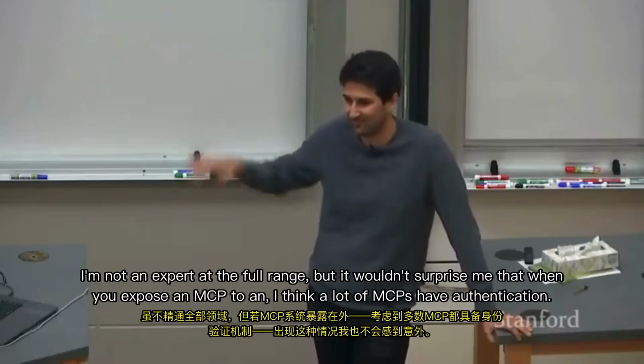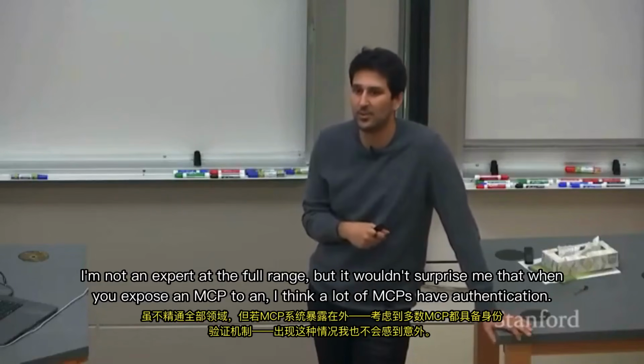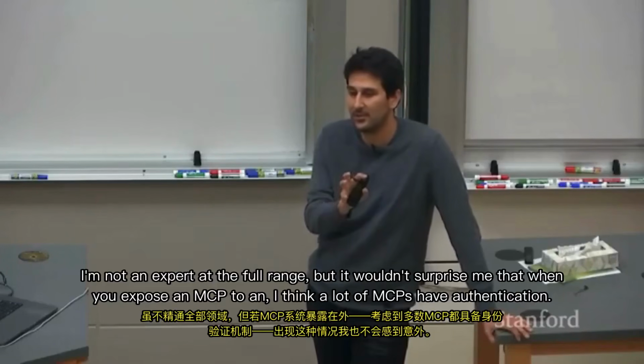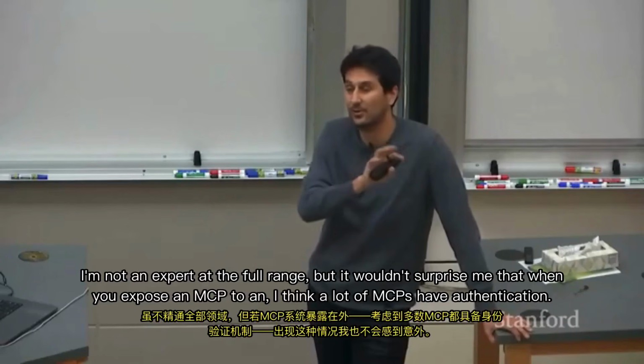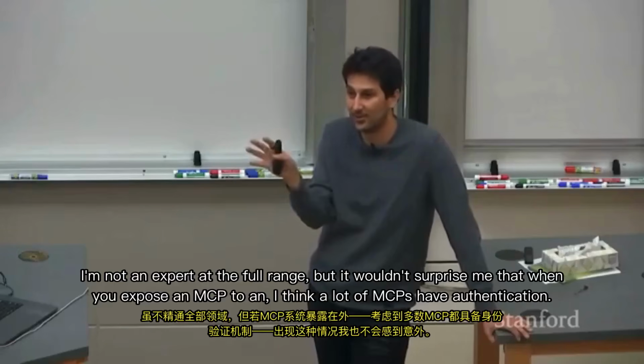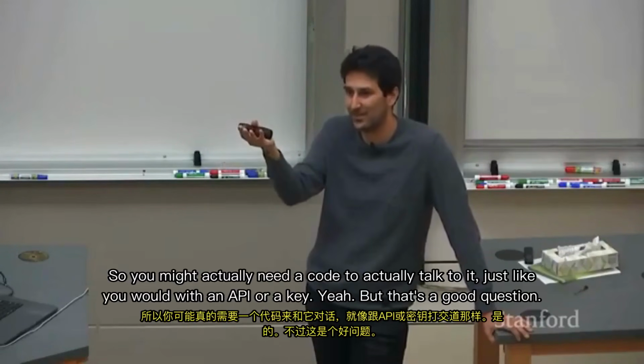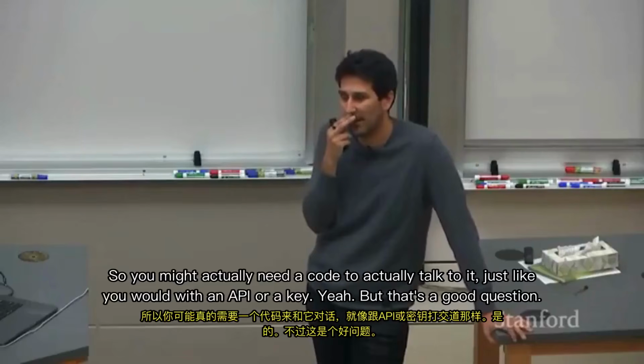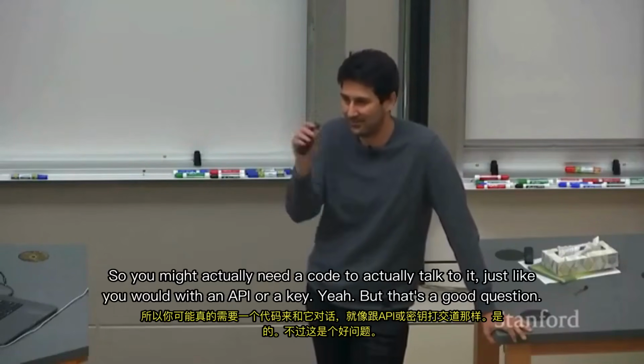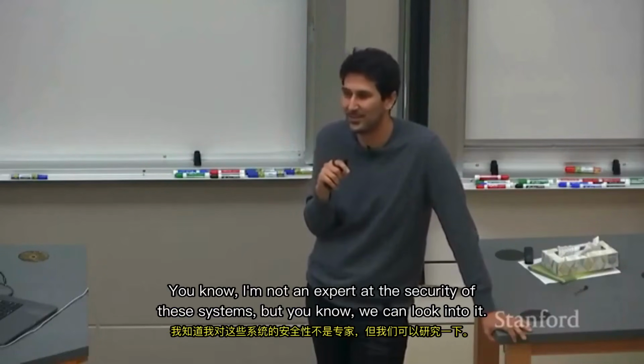I'm not an expert on the full range, but I think a lot of MCPs have authentication. You might need a code to talk to it, just like you would with an API, or a key. That's a good question. I'm not an expert on the security of these systems, but we can look into it.